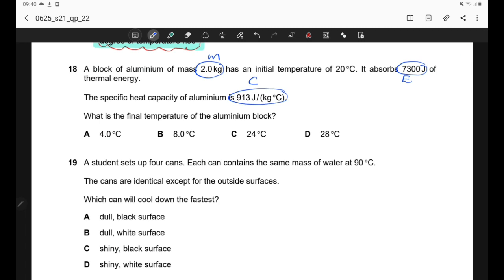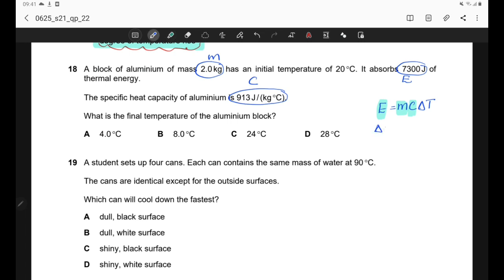So here we can use the equation of specific heat capacity. That is, the thermal energy required is equal to mass times specific heat capacity times change in temperature. Here we have the energy absorbed, and mass is also given, and the specific heat capacity is also given. So we can calculate the change in temperature.